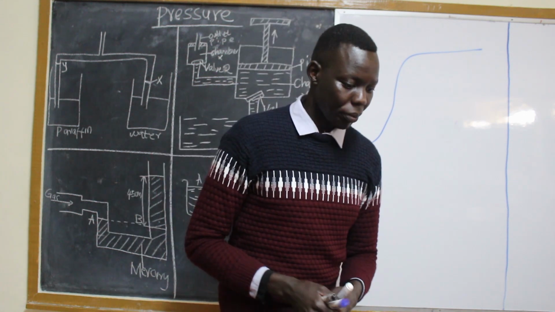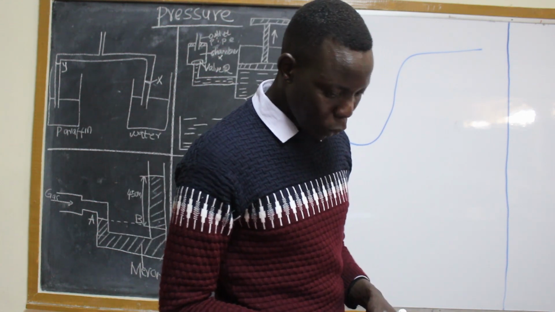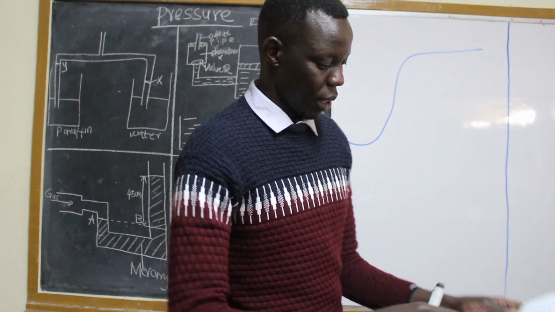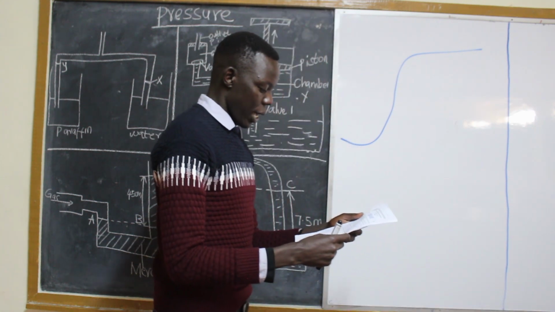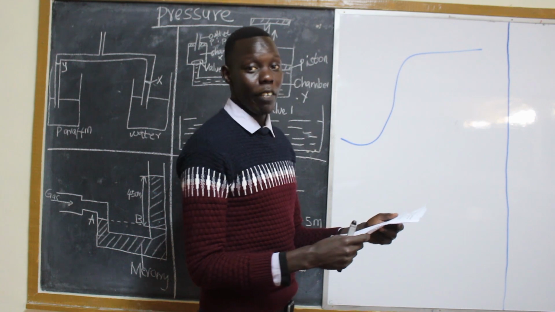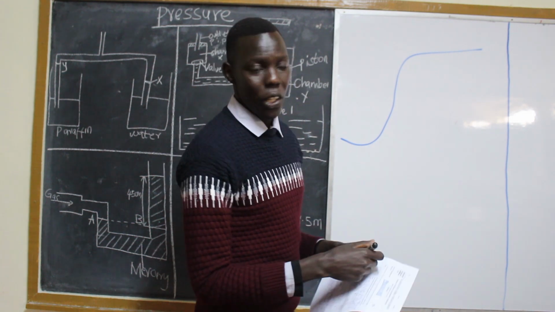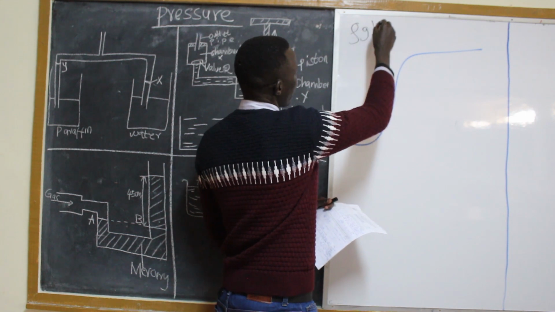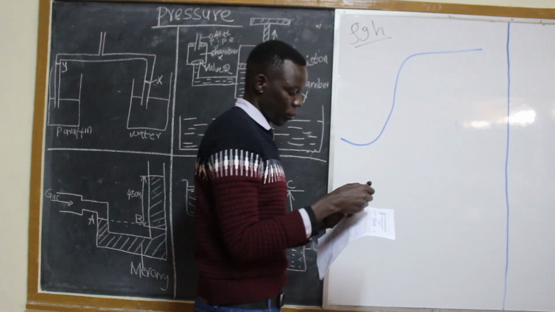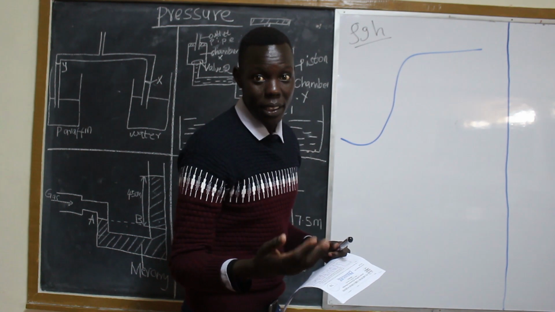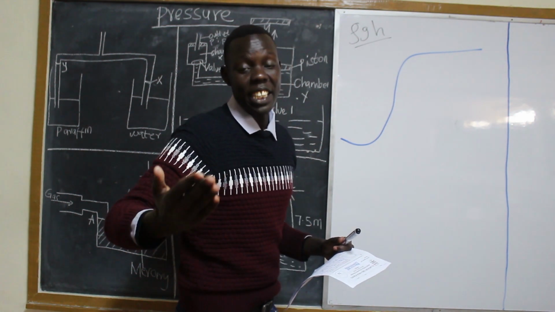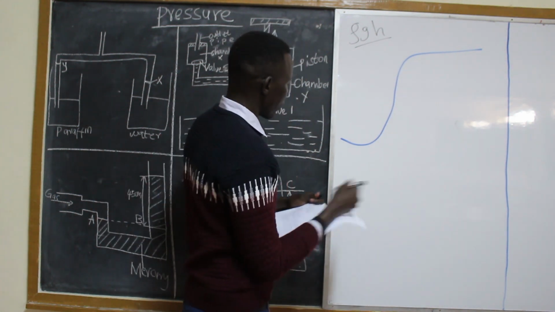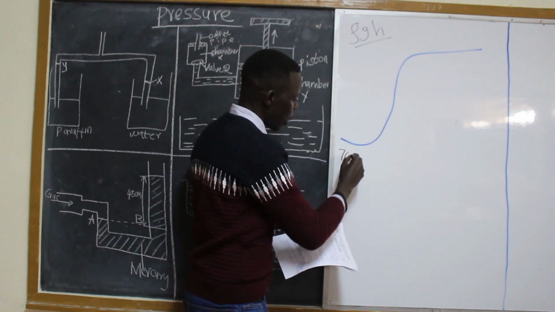Now let's look here. At the bottom of the mountain, it is 760 millimeters of mercury. You know, when we talk about rho GH, rho the density, g the gravitational field strength, then height in meters. So it's going to be 760 millimeters.